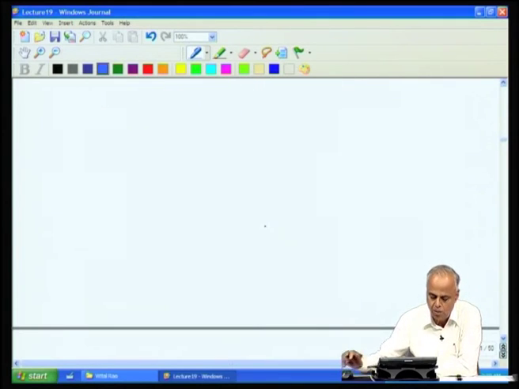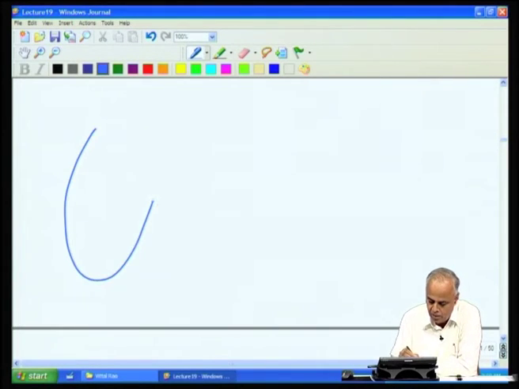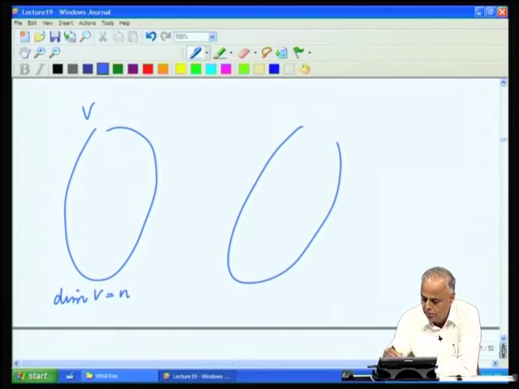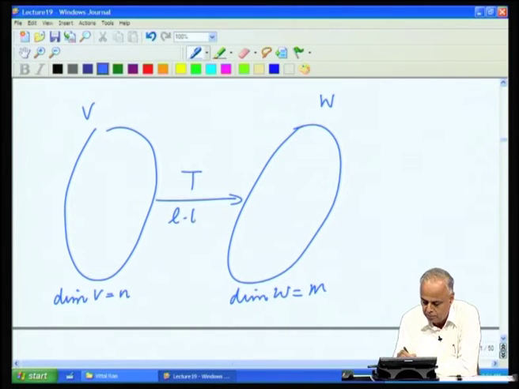So, suppose now we have V finite dimensional, say dimension of V is n, and W finite dimensional, dimension of W equal to m, and T is a linear transformation.